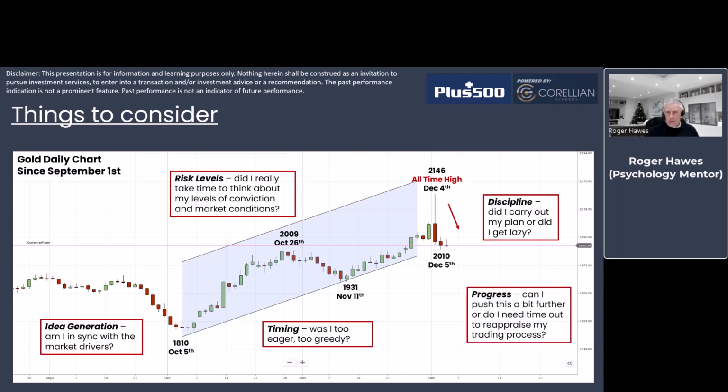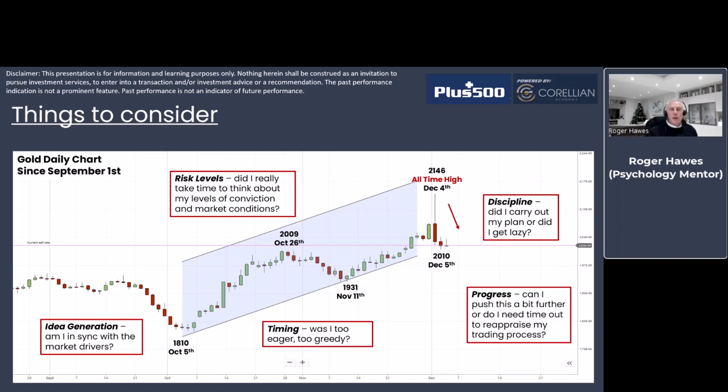And then the final thing, clearly, is can we make progress from what we're doing? What we're actually doing here, if you look, idea generation, risk levels, these are boxes in that trading process. By doing this, we're evaluating that trading process to help sharpen up our trading techniques. And by asking ourselves these honest questions, we should be at a point afterwards where we can say, I did this right, I did this wrong, I want to keep what I did right, and maybe leverage on that because I think I'm good at that side of things.